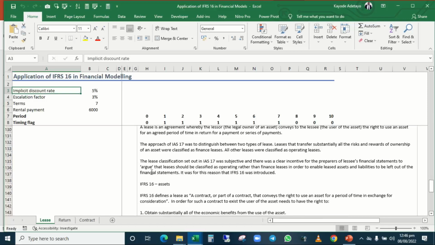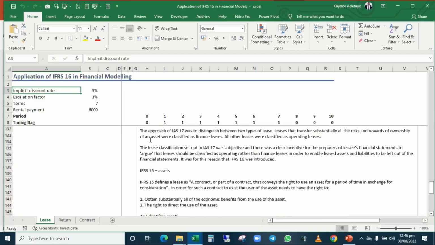All right. Before now, we used to apply IAS 17 to leases, and the treatment of lease in IFRS 16 and IAS 17 differs in terms of the definition. IAS 17 talks about risks and rewards of ownership being transferred.